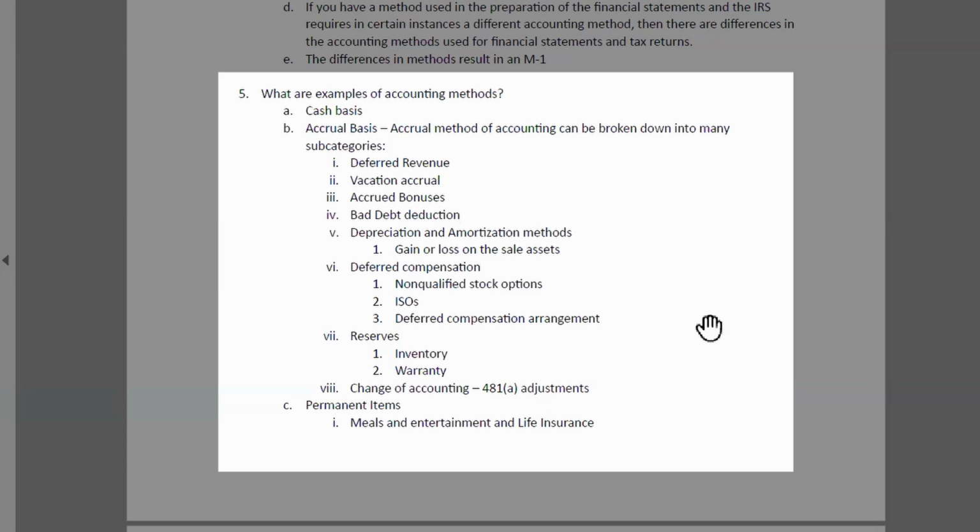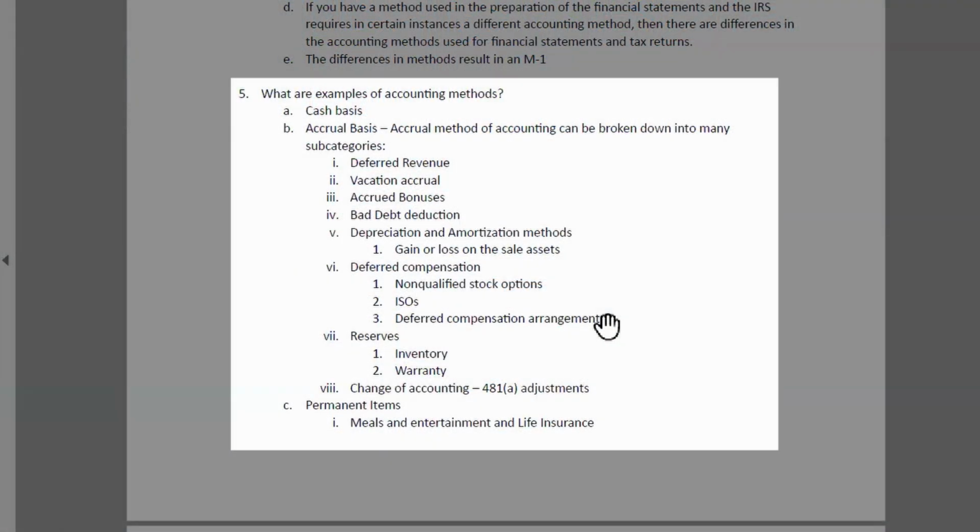The accrual method of accounting can be broken down into many subcategories: deferred revenue, vacation accrual, accrued bonuses, bad debt deduction, depreciation and amortization for gain or loss on sale of asset, deferred compensation, non-qualified stock options, ISOs, deferred compensation arrangements, reserves, inventory and warranty, and change in accounting method 481(a) adjustments. And then C, permanent items: meals and entertainment and life insurance.